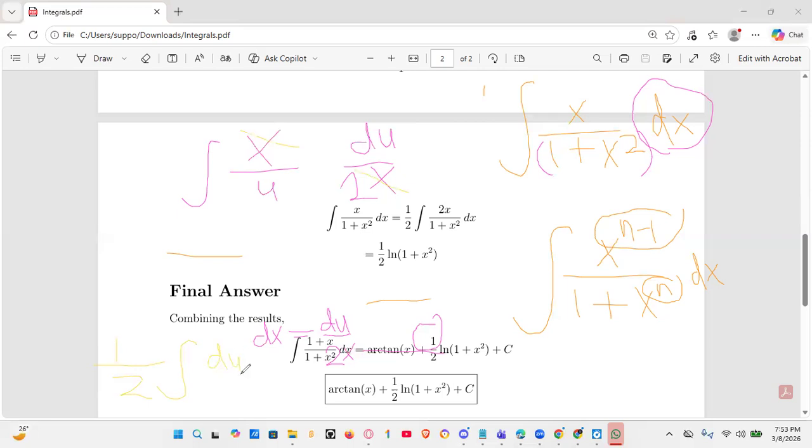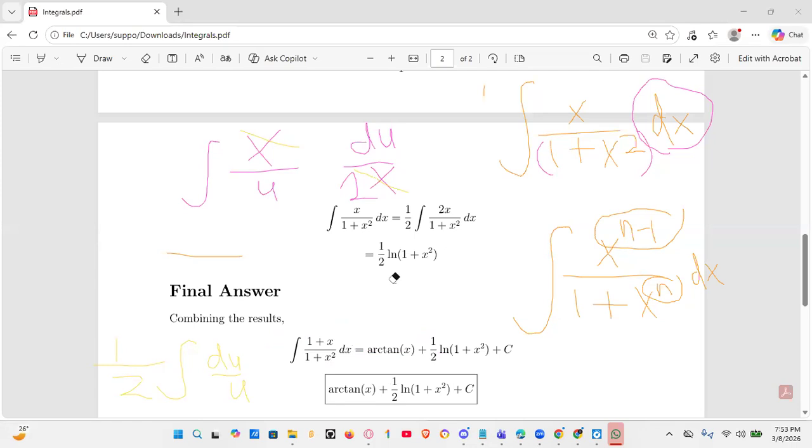So once again, that brings me back to my table of antiderivatives. What I mean by that is you have a table where you study your antiderivatives. So you'll memorize the fact that the antiderivative of 1 over 1 plus x squared is the inverse tangent of x, and the antiderivative of 1 over u, or you could say the integral of 1 over u, is ln u.